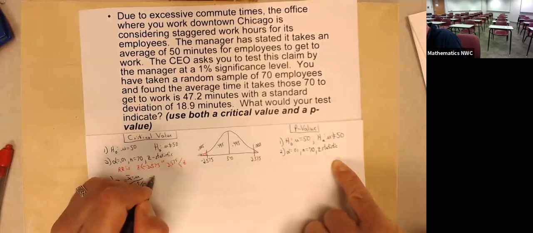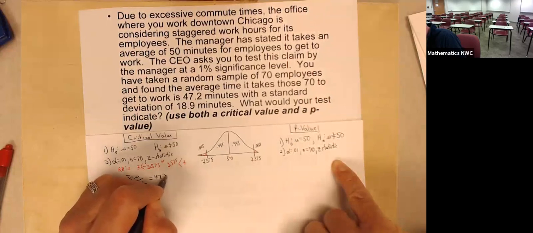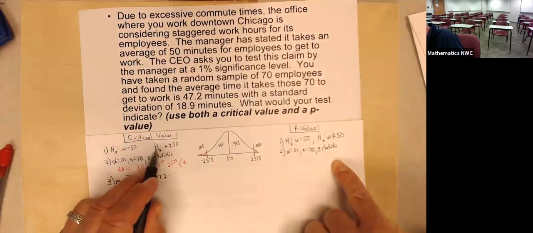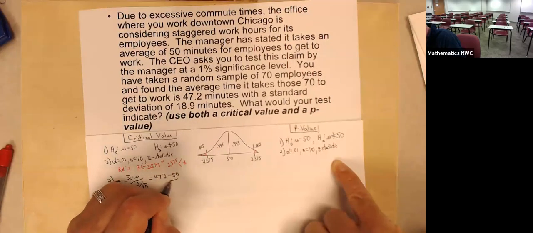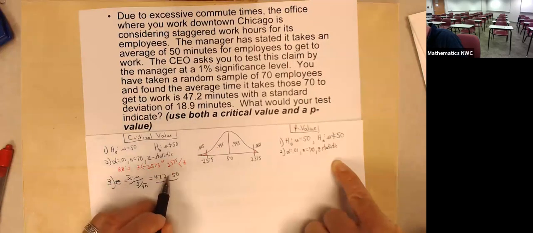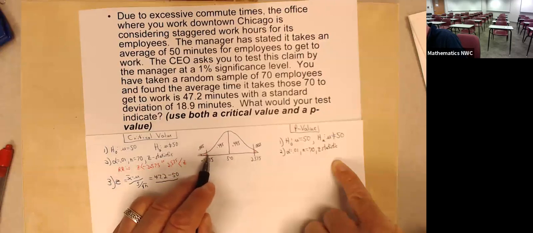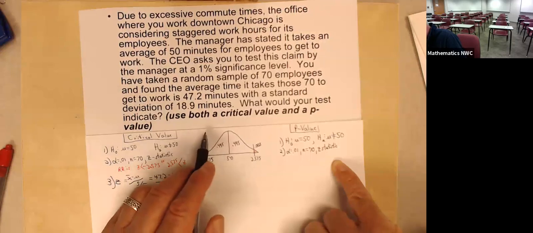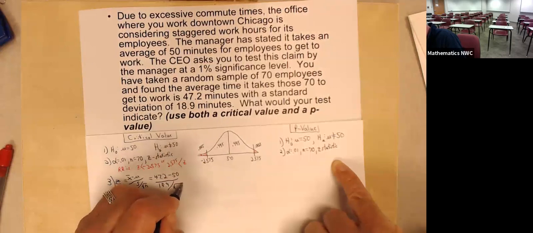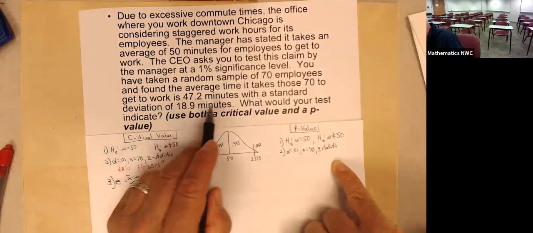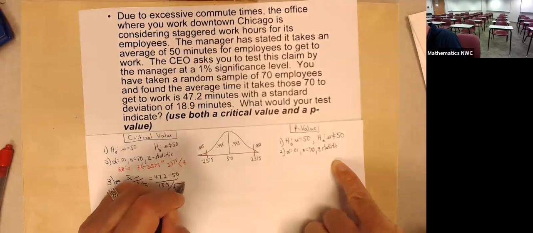So my x bar, 47.2, minus mu, which is always up in the null and alternative at 50. It's less than 50, so it's going to be looking over here someplace. The question is, does it go over this line? My standard deviation, 18.9, divided by the square root of my sample size, 70.